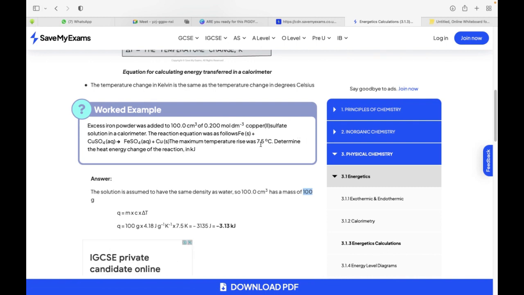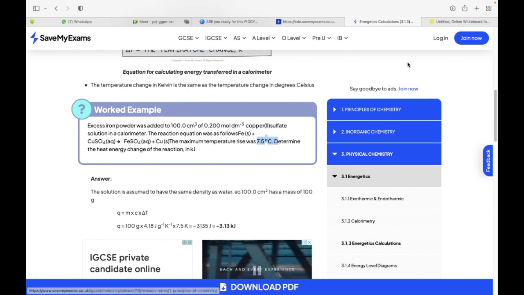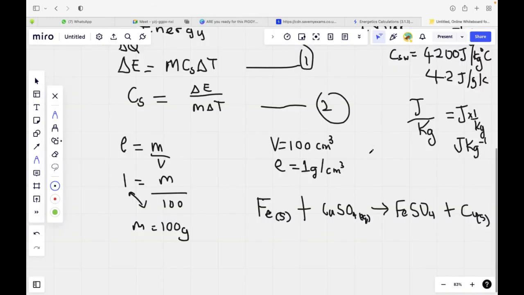The temperature rise is 7.5, so the change in temperature is 7.5 Kelvin, and our mass is 100 gram. So we can calculate the heat energy.